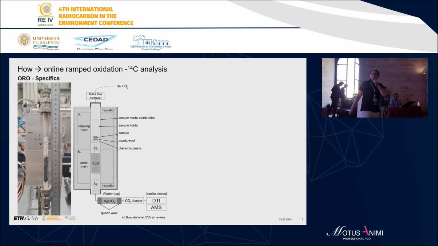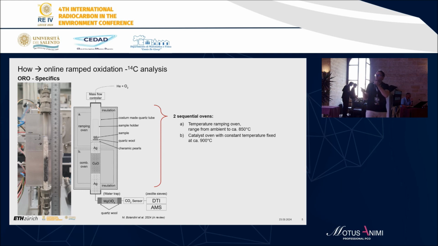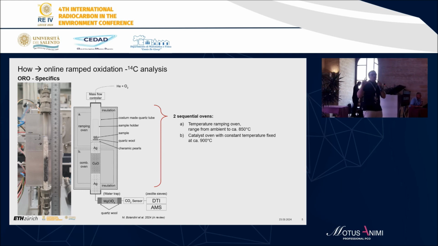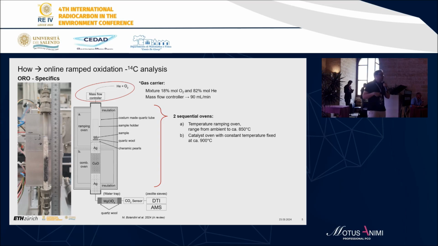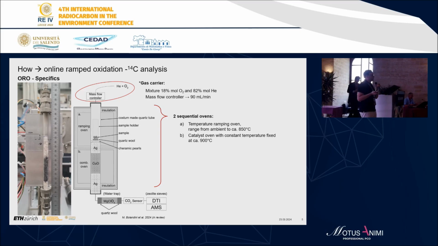What is actually RPO? It is a combustion oven with two ovens. One is the combustion oven, and the top part has the ramping oven. Here you can see it contains silver instead of platinum and copper oxide. We work with a really high concentration of oxygen and helium, and also with a strong flow.